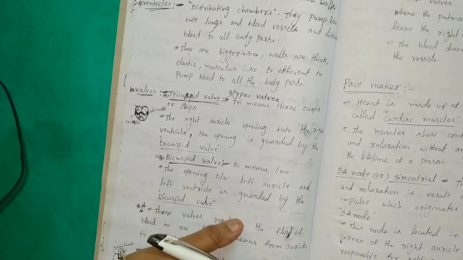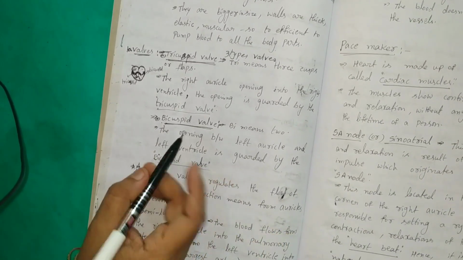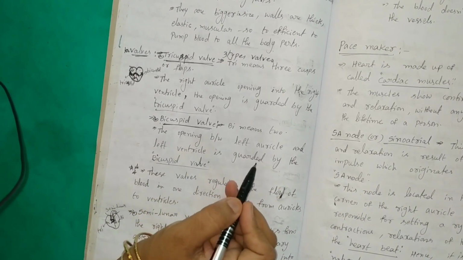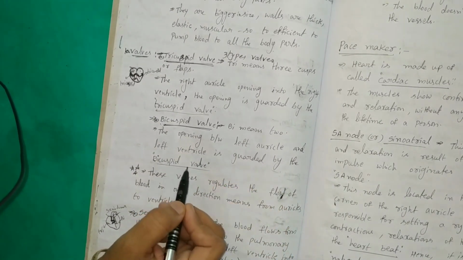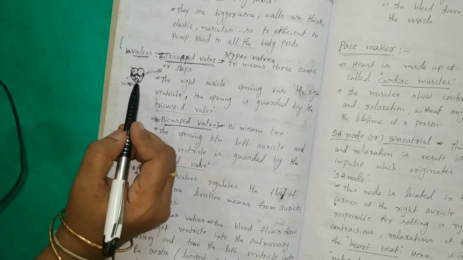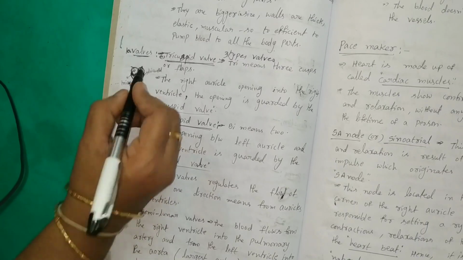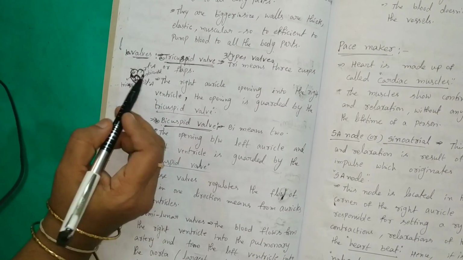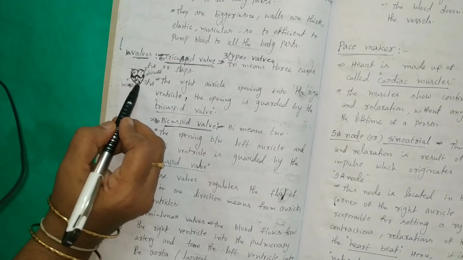Next, bicuspid valve. Bi means two. The opening between left auricle and left ventricle is guarded by the bicuspid valve. Here this is the left auricle, this is left ventricle. The left auricle opens into the left ventricle.